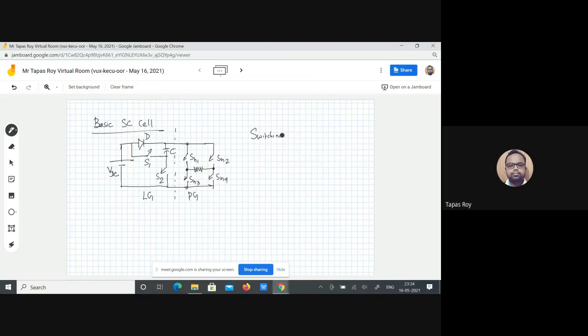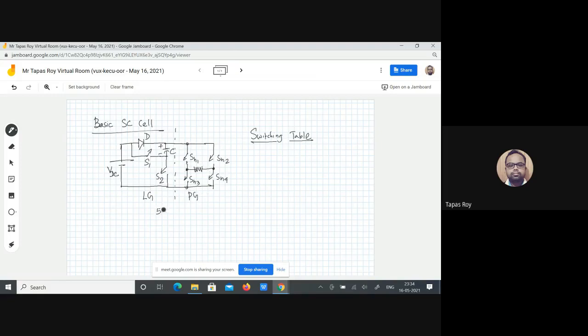So what is the switching table? Switching table means we need to find out which switches to turn on such that different voltage levels can be realized across the load. Here there is a DC source and one capacitor, and the capacitor can be charged to VDC only. So the highest voltage produced is 2 VDC.